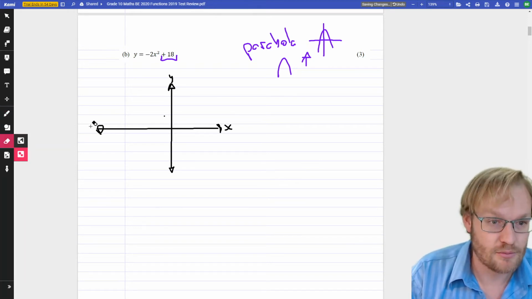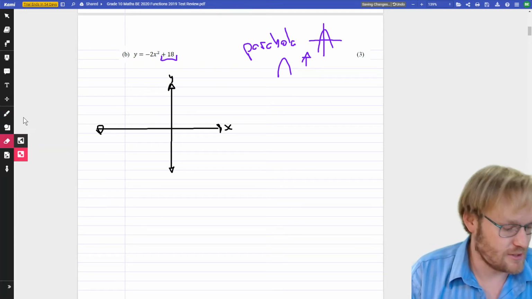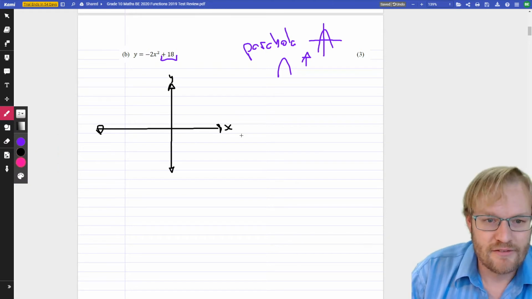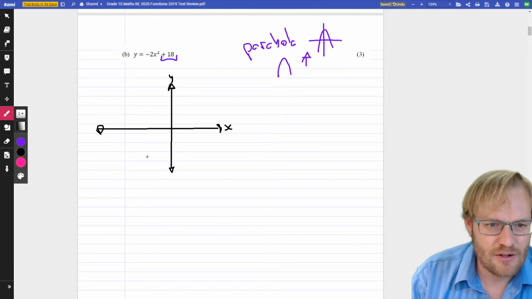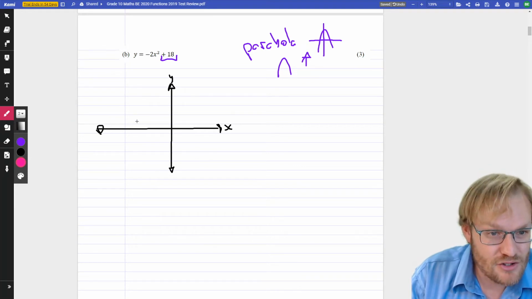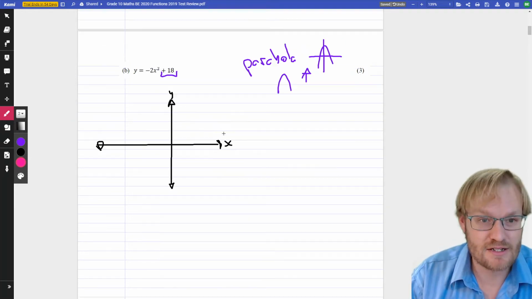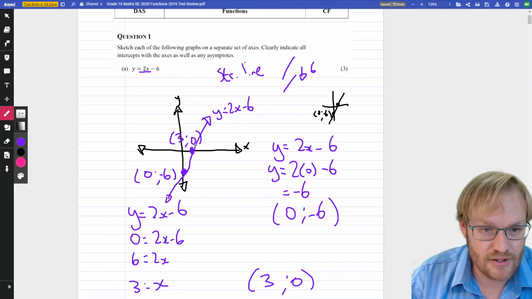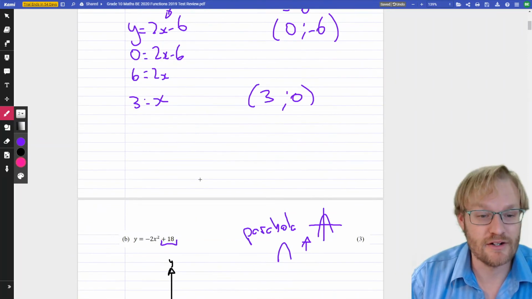And don't be put out by these dots. There we go. Okay, so there's our set of axes. It's a parabola. As I said, we already know that it's going to look like this. And you don't have to put little check marks for every one. Notice that in the previous question, we just put in the important points and then draw a very straight line.